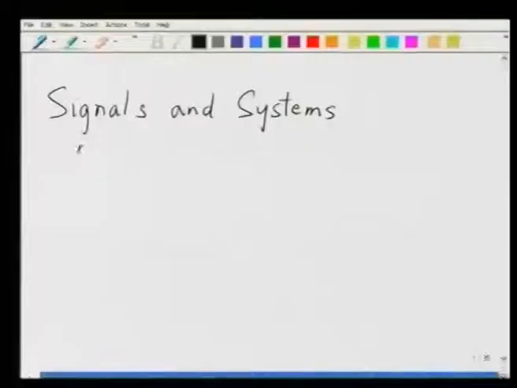Signals are variations. Signals can be understood as patterns.